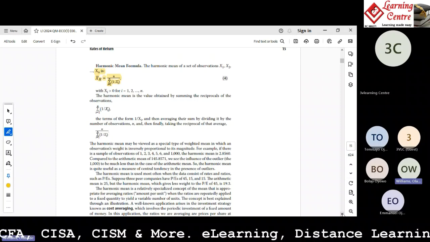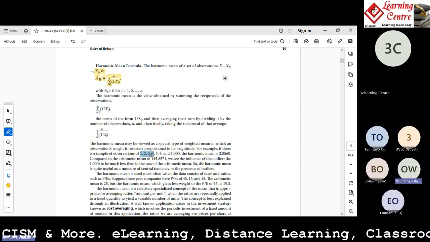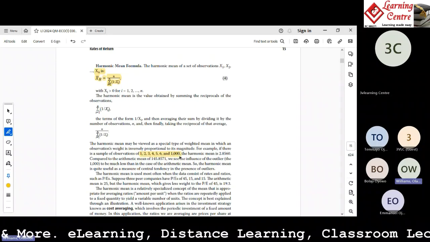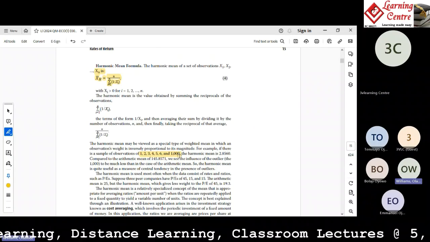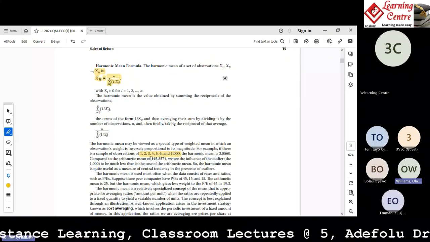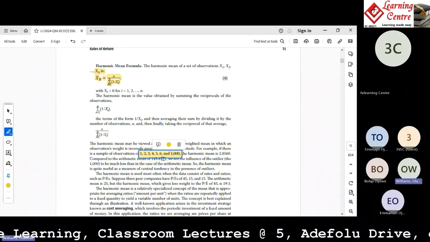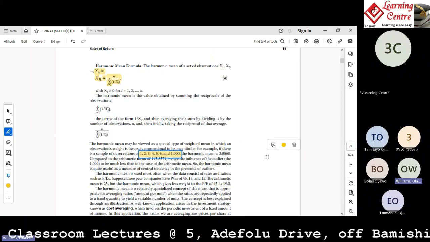So take, for example, an example that would have been given here. You have 7 data points: 1, 2, 3, 4, 5, 6, and then 1,000. And you're asked to calculate the mean of this. The arithmetic mean of this is 145. But imagine 145 when you have 1, 2, 3, 4, 5, 6.